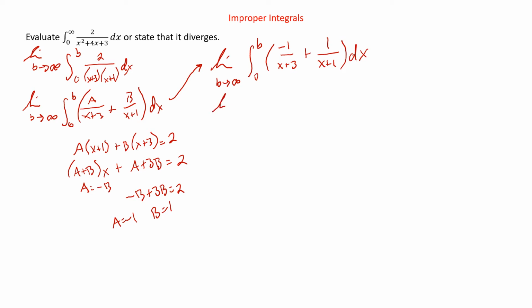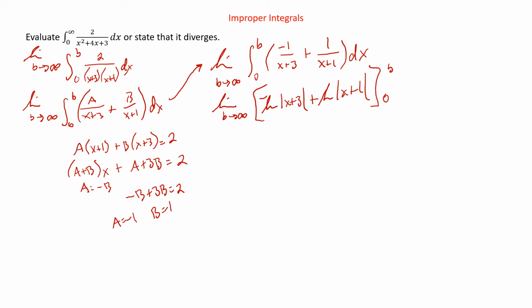Antiderivative. We're going to have a negative natural log of x plus 3 plus natural log of x plus 1. And we're going from 0 to b.